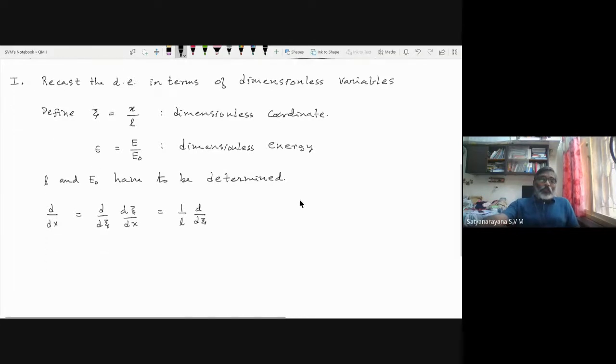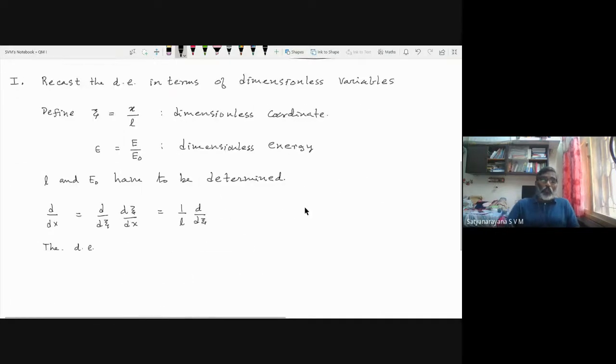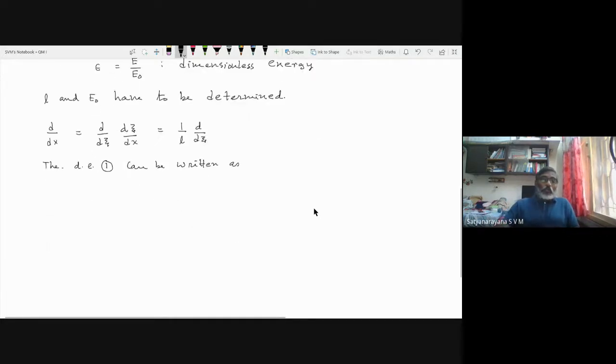Then this equation can be recast as, so the differential equation, maybe I will call this equation 1, can be written as minus h bar square by 2m into 1 by L square into d square psi by d xi square plus half m omega square L square xi square psi is equal to epsilon into E naught into psi.